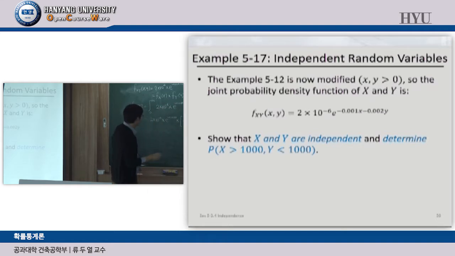Okay? And this can be eliminated, and 0.001 is left, times this is going to be 1, right? So that is 0.001 times exponential minus 0.001x. Okay?